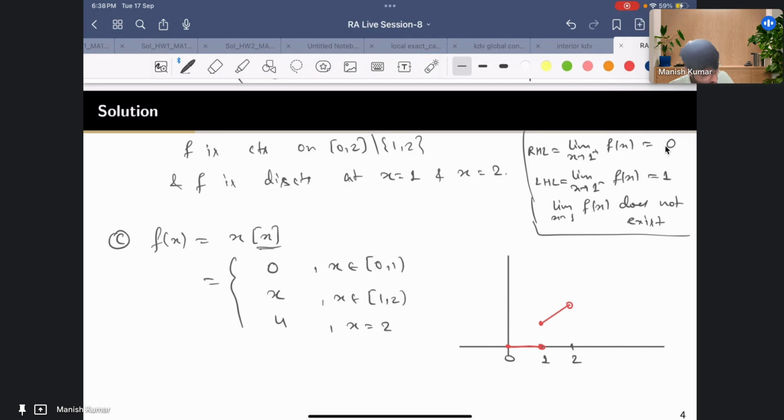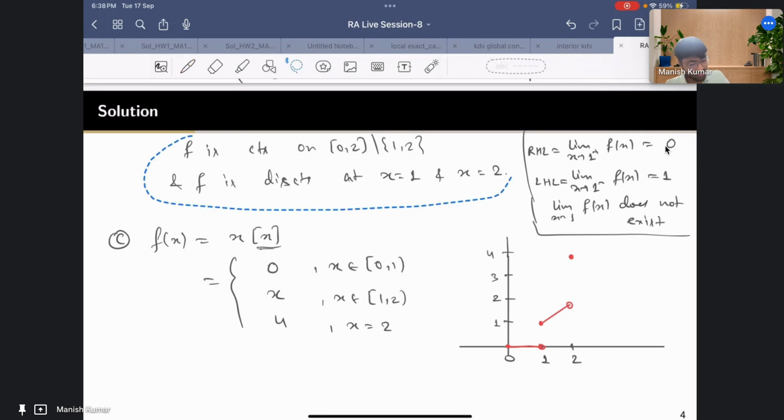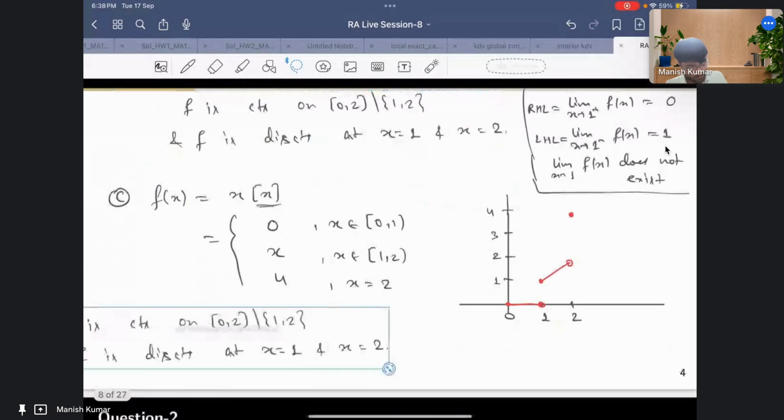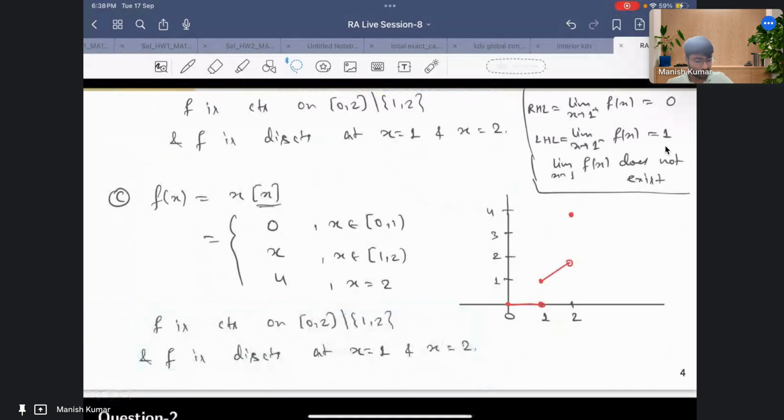Then at 2 you have the value 4. Maybe let me draw, this is 3, this is 4, so at 2 you have the value 4. So again you can check that f is discontinuous at 1 and at 2. Okay, so again the same thing will happen here as well. Okay, is this clear?